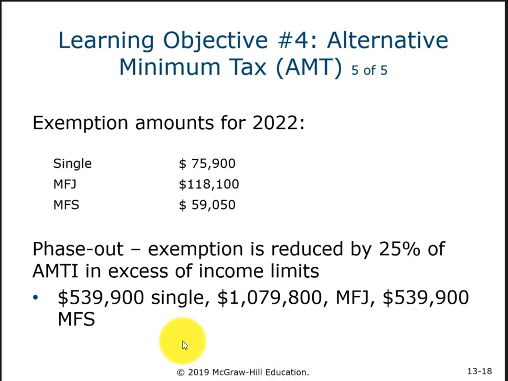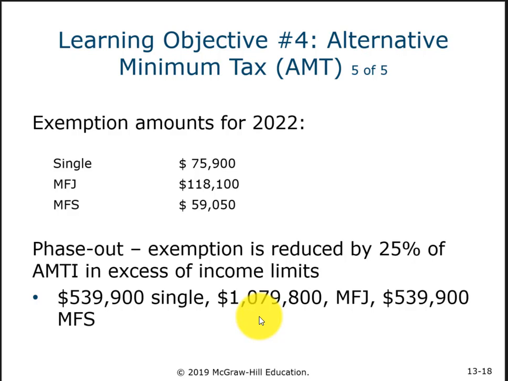Okay, those exemptions go away if your income is high enough, and this is quite high income, $539,000 for single, over $1 million for married filing jointly, and that's when you start to reduce this exemption amount.